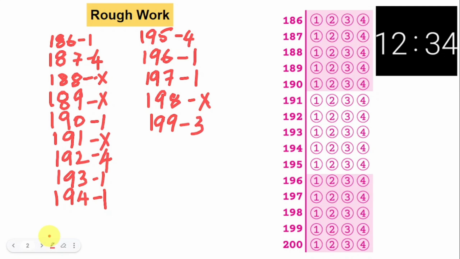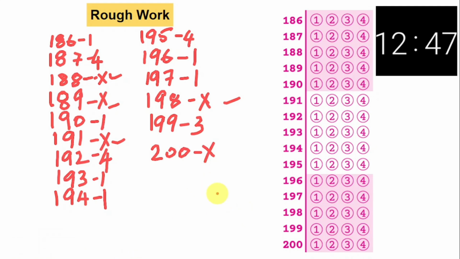So 1, 2, 3, 4 questions we have skipped. So we can skip 200 now. Skip this. Okay, so now we have 10 confirmed answers and we have skipped 5.